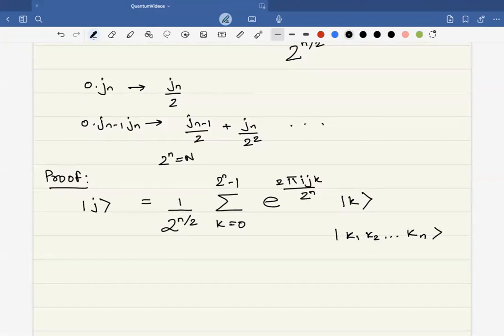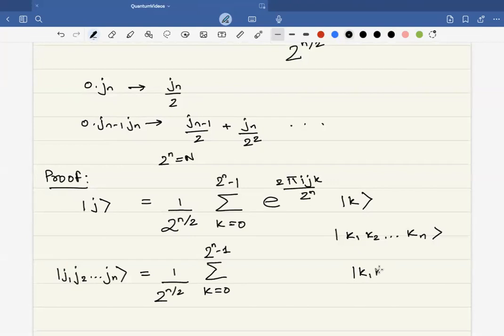So in the next step, j1, this is my qubit representation of j, jn, is equal to 1 over 2 to the n over 2, summation k equal to 0 to 2^n minus 1. And then over here, I'm going to write k1, k2, kn.